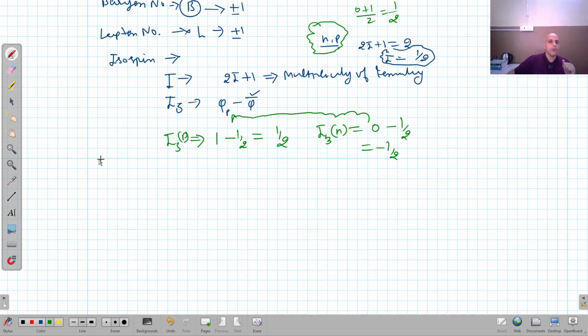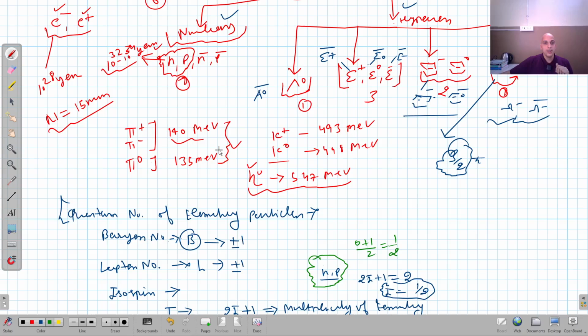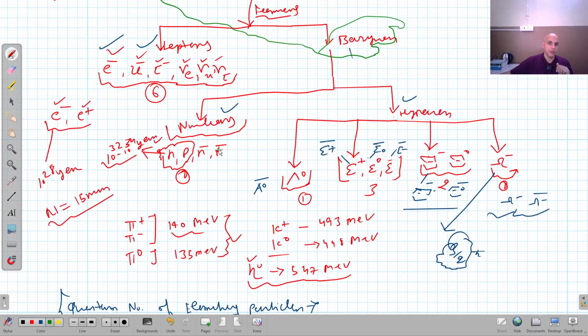The next quantum property is strangeness. As far as the strangeness quantum number is concerned, this quantum number is assigned to those particles which are strange in high energy physics or particle physics. So the strange particles are K mesons and hyperons, right?